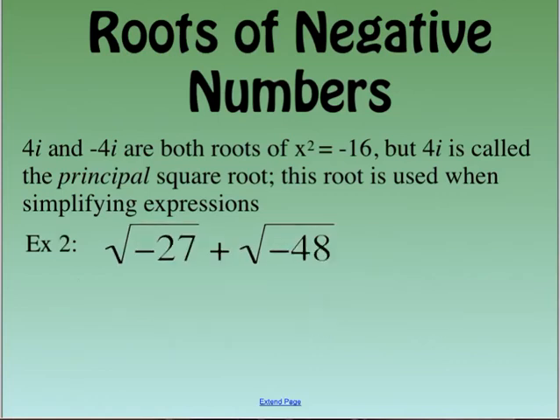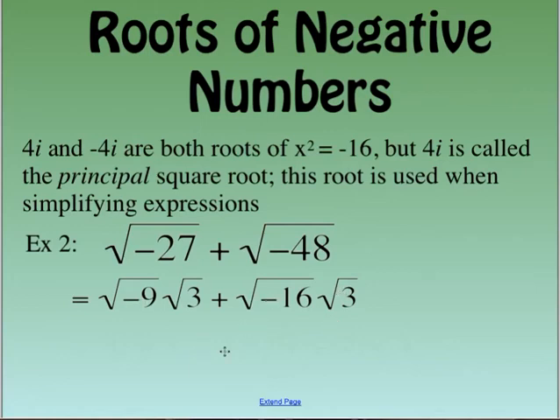The second example I have is the negative square root of -27 plus the square root of -48. I'm going to simplify these down. The square root of -27 can be rewritten as the square root of -9 times the square root of 3. The square root of -48 can be rewritten as the square root of -16 times the square root of 3.